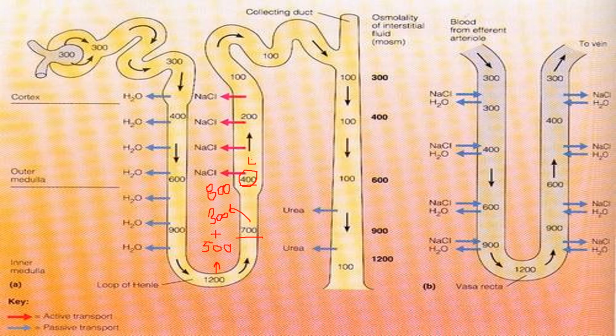But the main point is we need these 400 molecules of salt also for various metabolic processes that are carried out in our body. So in order to move these 400 molecules outside the ascending limb, there will automatically be use of energy, because this movement will be from lower concentration to higher concentration.